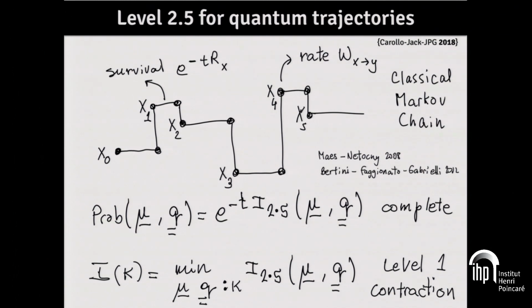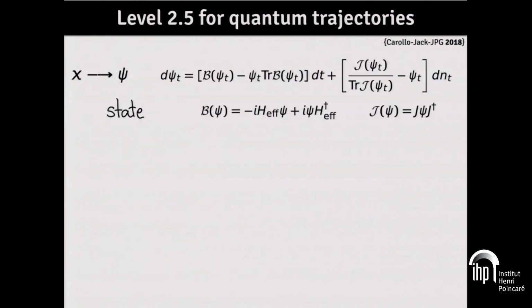This has the empirical measure, the empirical distribution, and empirical fluxes between states, the probabilities of those trajectories. The statistics of any observable is obtained by minimizing this rate function over all mu's and q's such that over those mu's and q's one gets the value of the observable k. That's called contraction. So what I have is the full information about all of the statistics in this level 2.5.